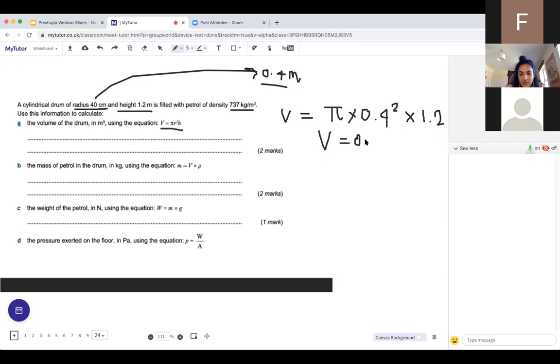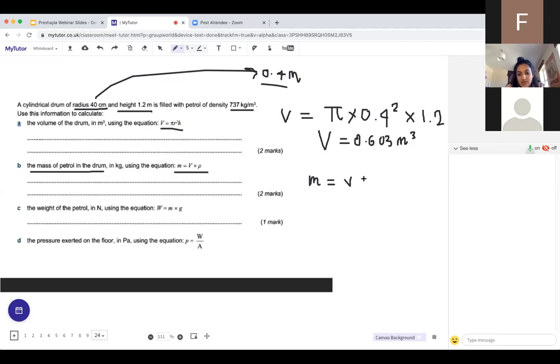So the answer would be 0.603 meters cubed. So remember, volume is always measured in meters cubed. Now we need to find the mass of the petrol in the drum, using the equation mass equals volume times density.